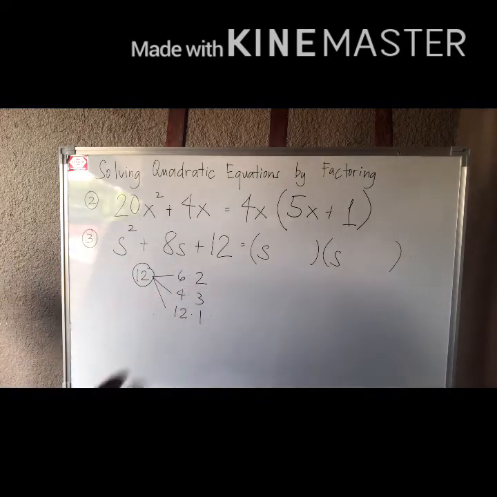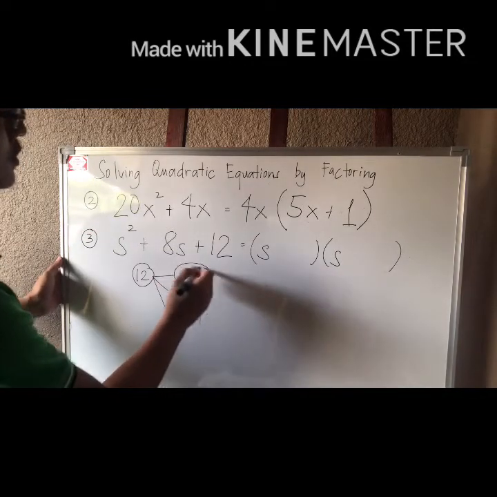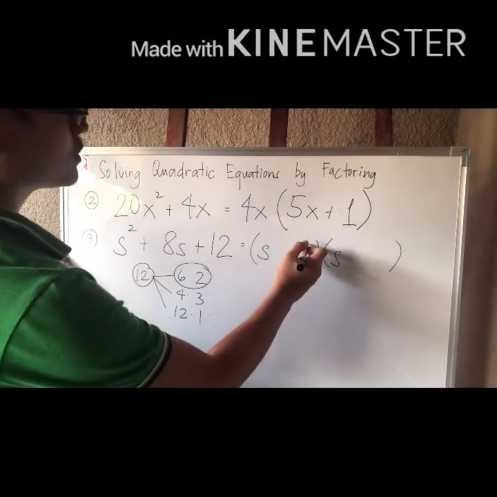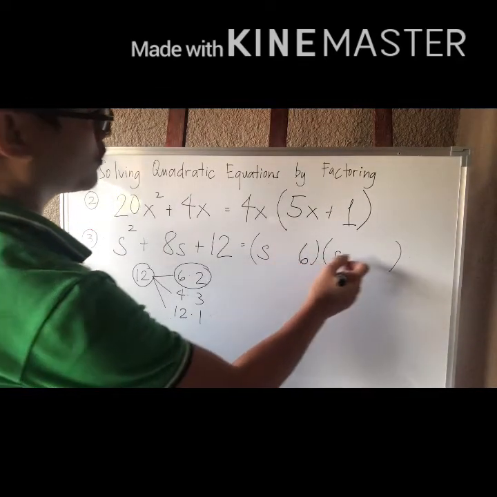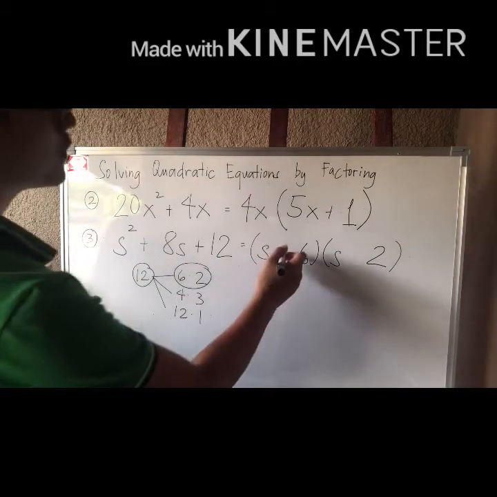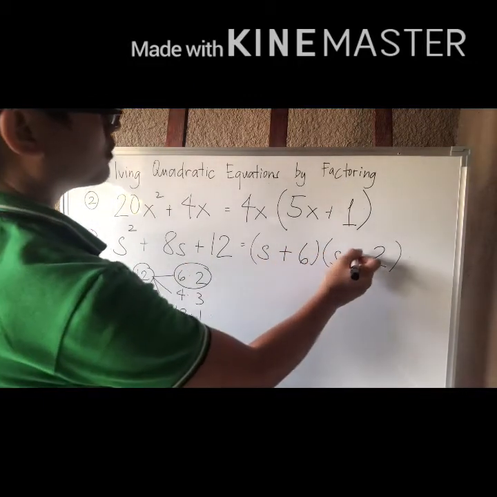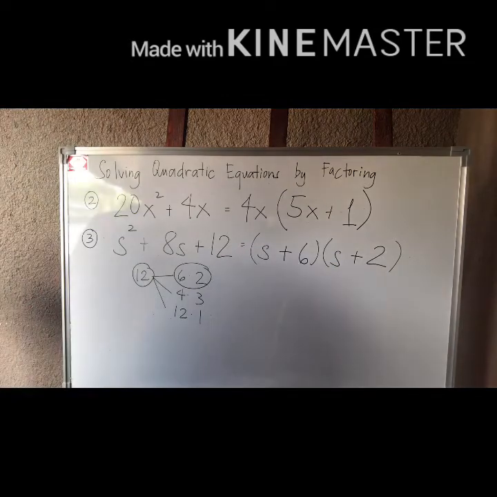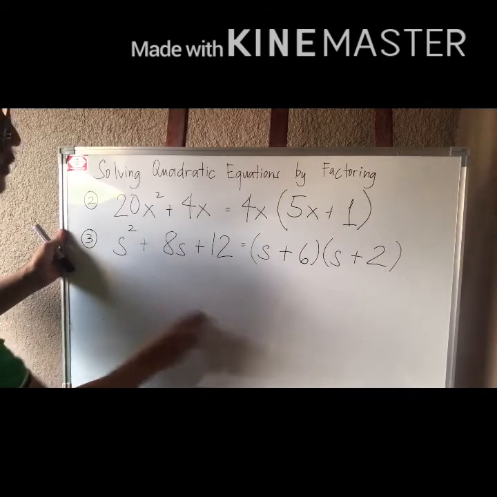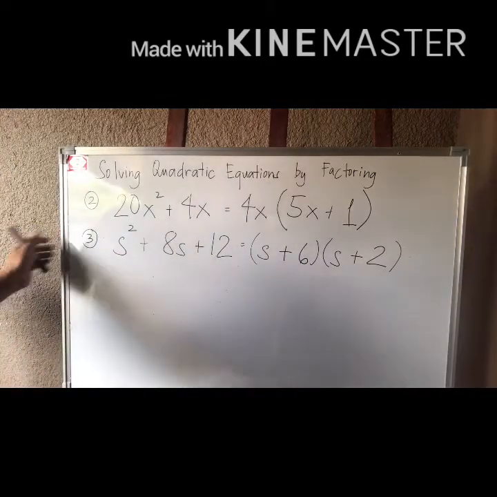Obviously, that is 6 and 2. These are the factors we are looking for. So we place 6, then 2 there. Since both are positive, so that is positive. So s plus 6 and s plus 2. So those are the factors of s squared plus 8s plus 12.